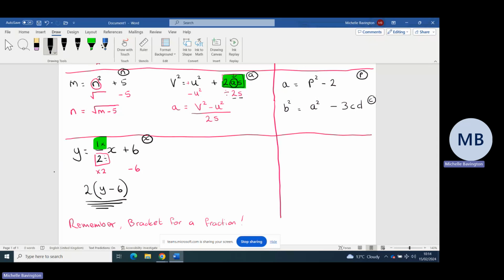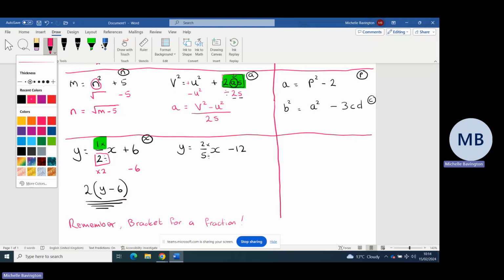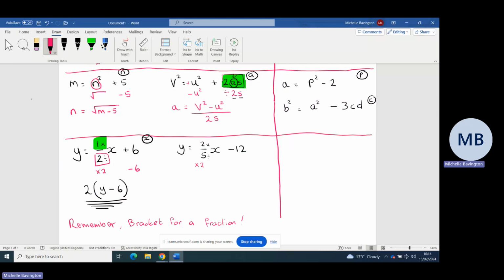Okay, now let's do another one. So y equals 2/3, fraction fact, x minus 12. Okay, so I want to do the opposite. So I've got times by 2 here.